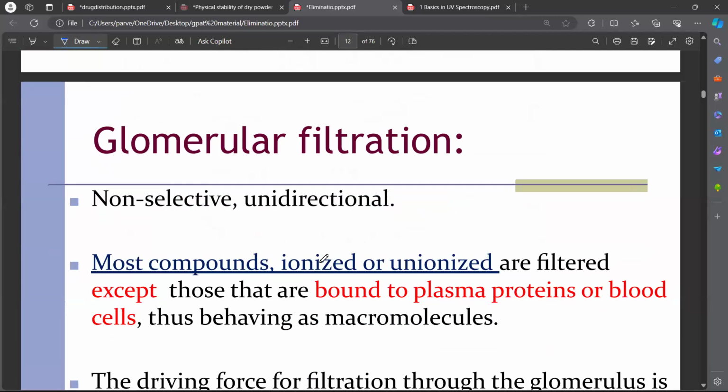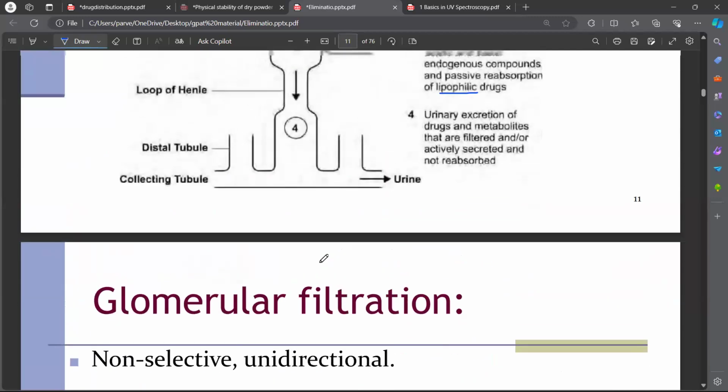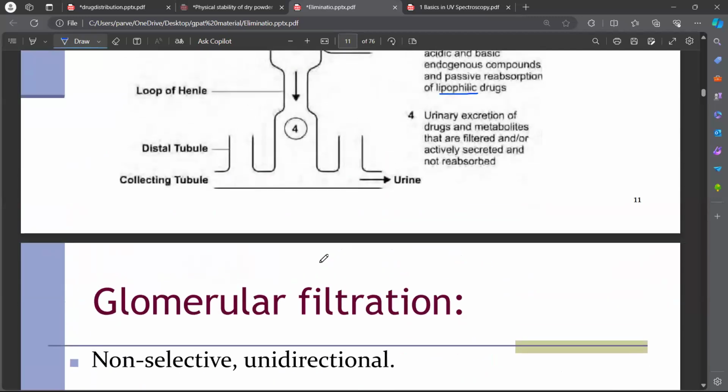So glomerular filtration rate, as I mentioned. Which marker is used to indicate the GFR, guys? What markers are used to determine the GFR? It has been asked in NIPER 2023.